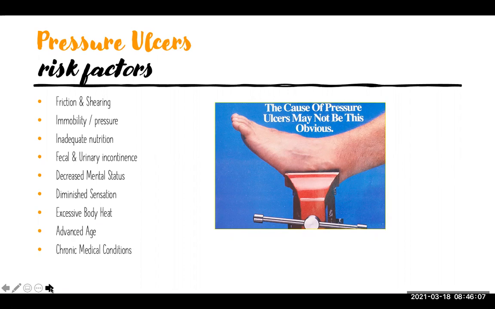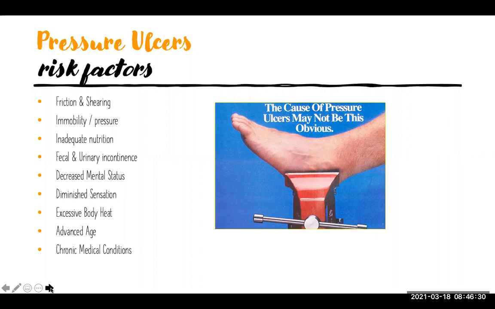So that's what shearing and friction does. Immobility, extreme weakness, pain, paralysis will hinder their ability to change their positions and with discomfort, and so they refuse to move. So that puts them at a risk for skin integrity.